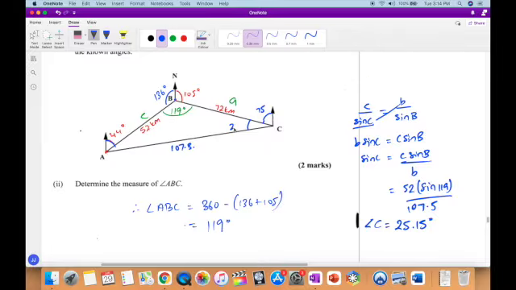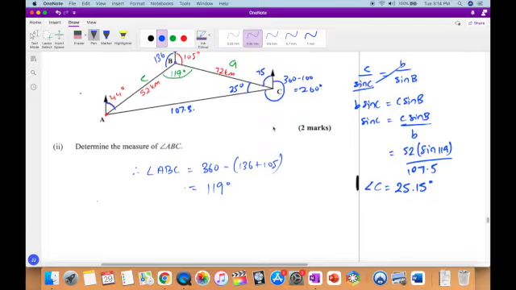So this here is approximately 25 degrees. So 75 plus 25 is equal to 100. So that means that this here will be 360 minus 100, which is 260 degrees. Nice question, right?